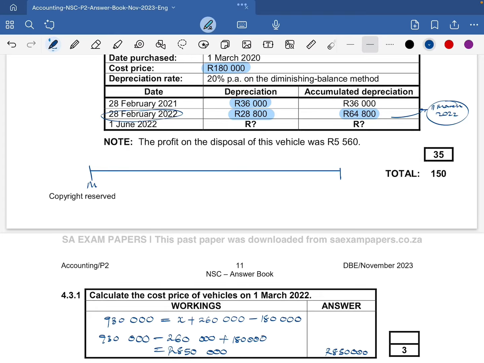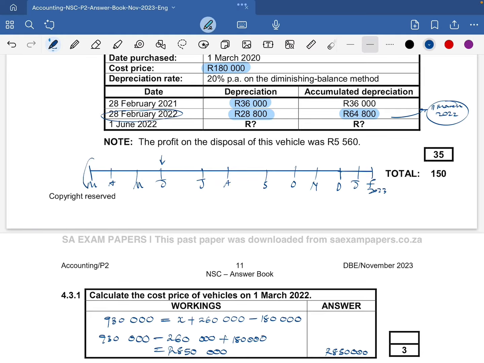This was March, April, May, June, July, August, September, October, November, December, then January, and we have February 2023. So we sold it on the 1st of June. We cannot include June because we didn't use it in June.